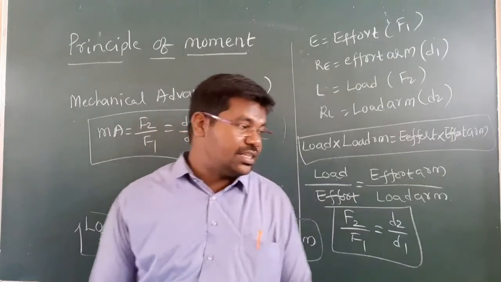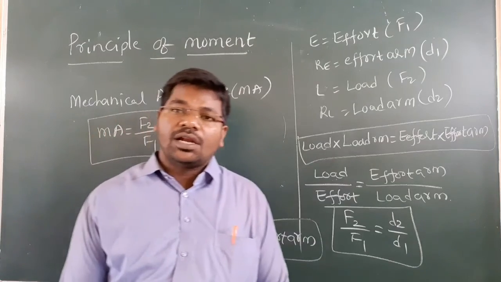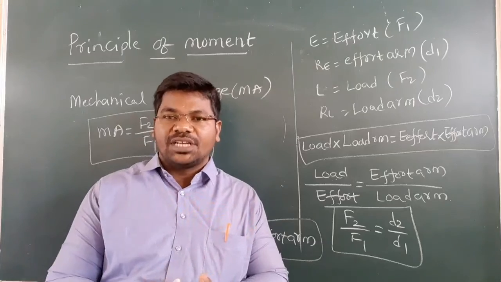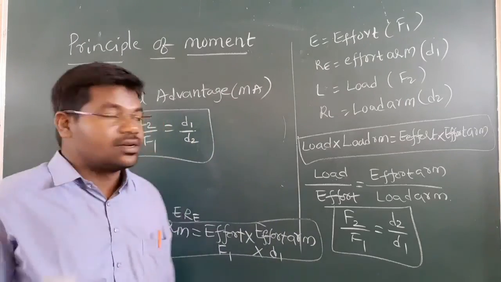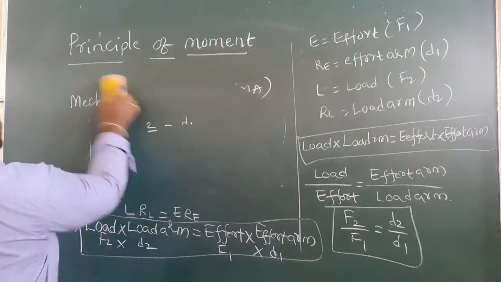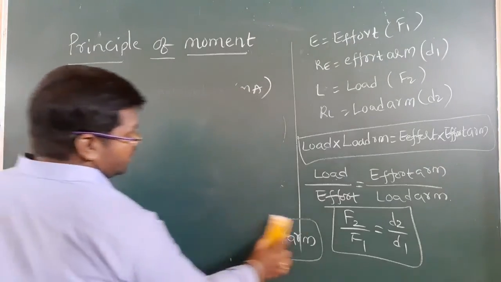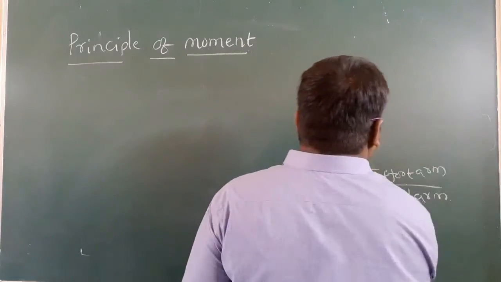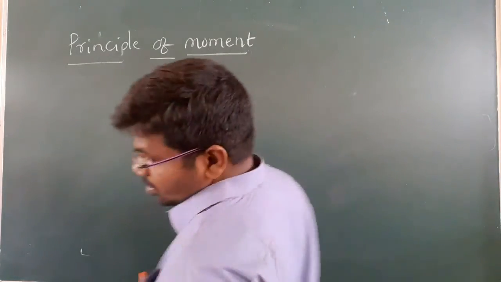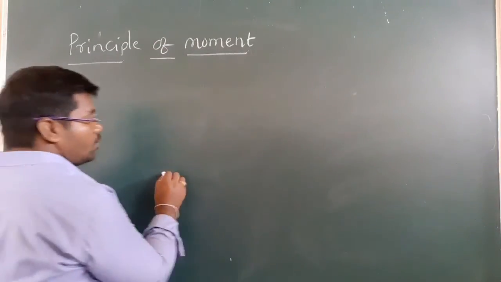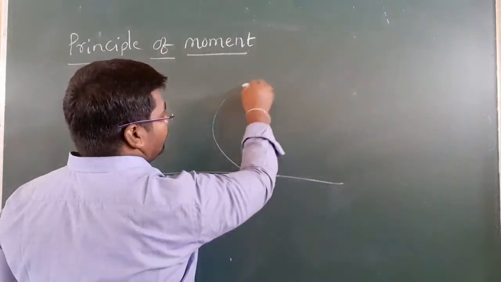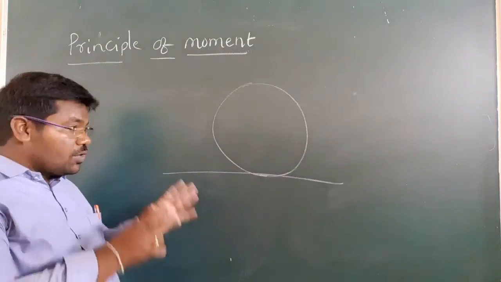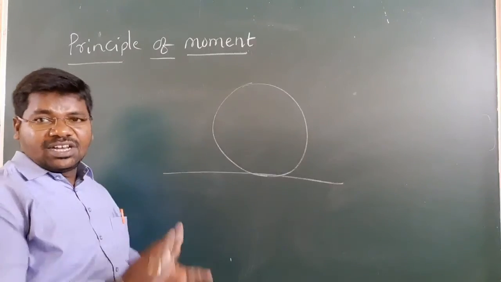See here, my children. Whenever we displace a heavy object with the help of a lever, we use the principle of moment. See here, we can have one heavy object. How can we displace it? If we apply force, the body will not move.